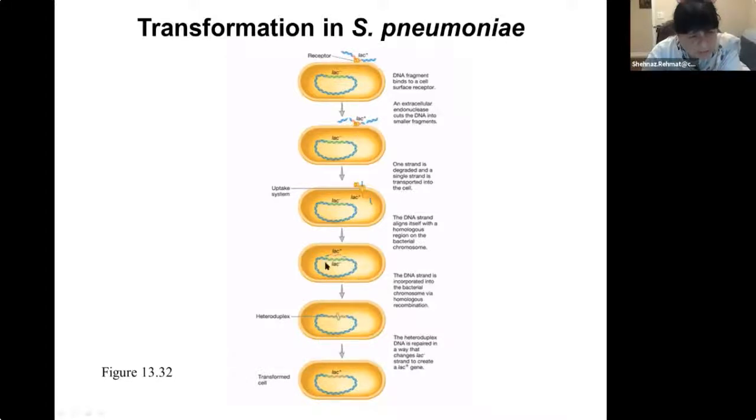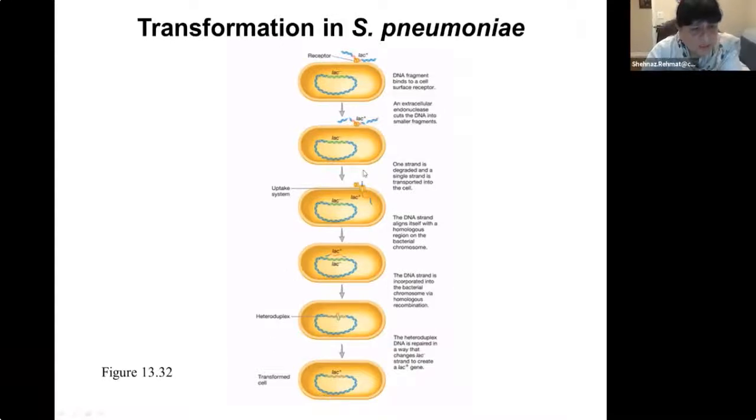It is incorporated into the recipient DNA by homologous exchange, and eventually a heteroduplex is formed, which is resolved into repaired DNA that has created the LAC plus gene. So you're looking at a LAC plus gene coming into a LAC minus cell, and eventually the recipient becomes LAC plus. So this is the idea of transformation.